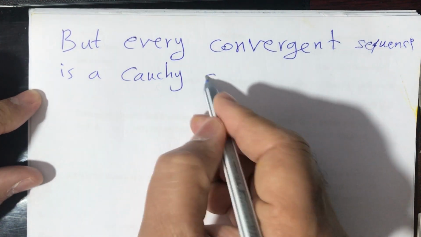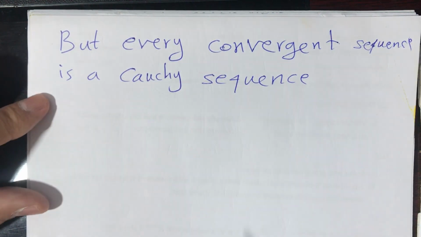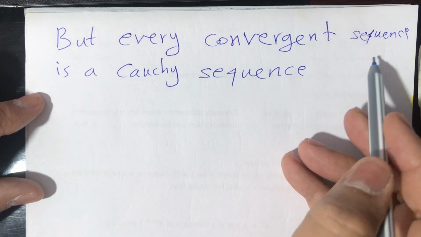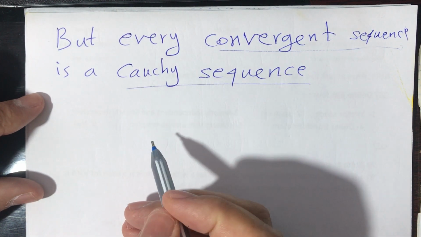We know this from mathematical analysis: every convergent sequence is a Cauchy sequence.